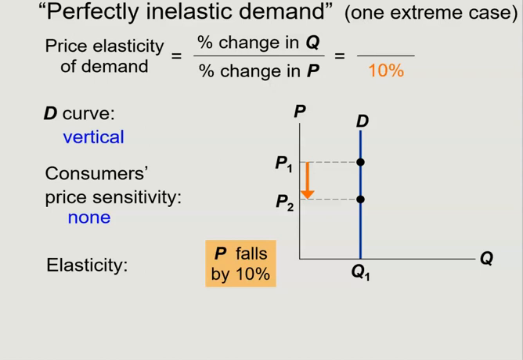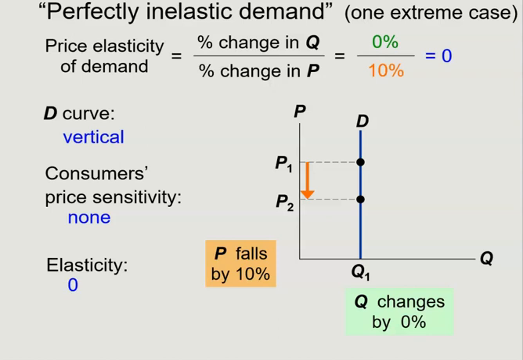So go back to the formula, the denominator is going to be 10%, right? And the percentage change in quantity is going to be 0, right? So we find in this case, the price elasticity of demand is 0 when the demand curve is vertical.